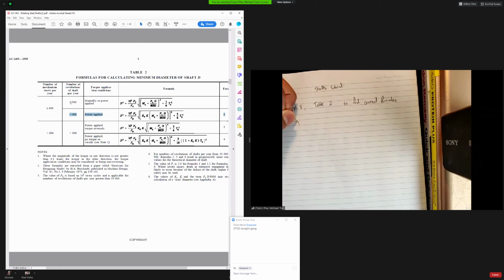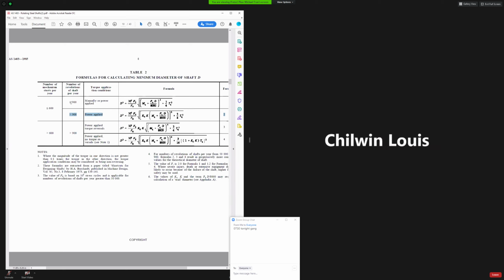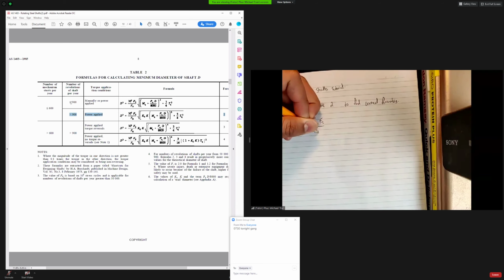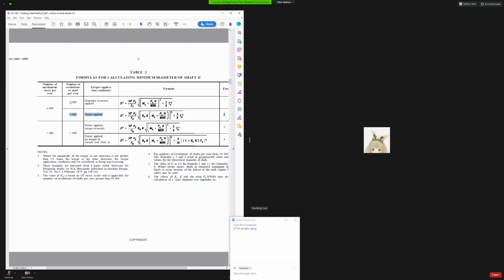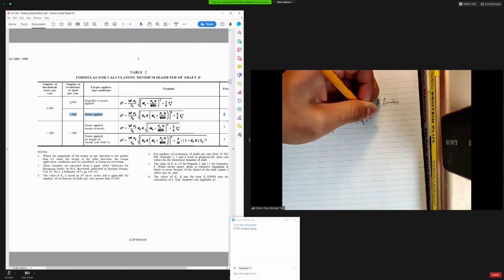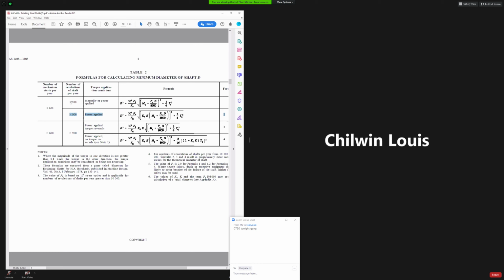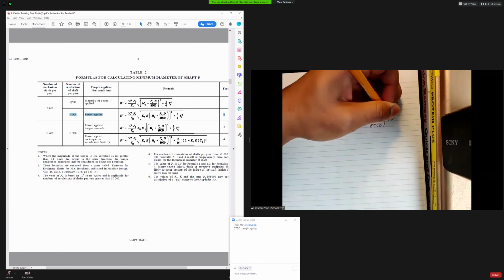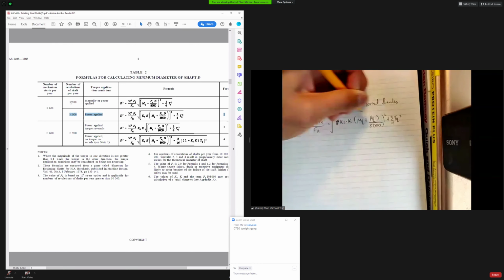So D cubed equals 4 times FS times FR, squared, KS, K, times MQ plus PQ D over 8000, squared, plus 3 on 4 TQ squared.